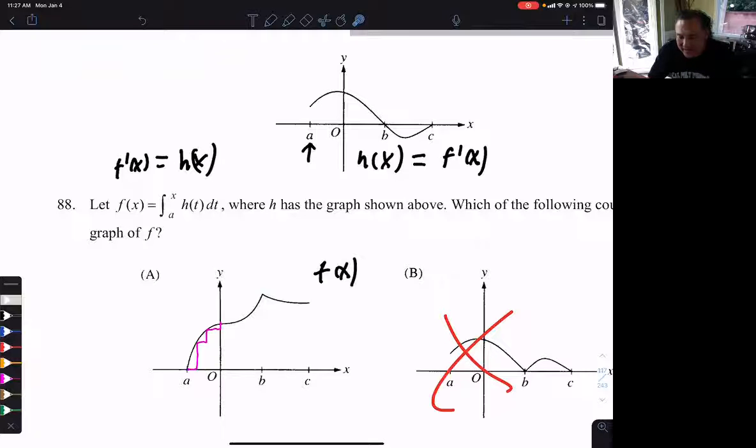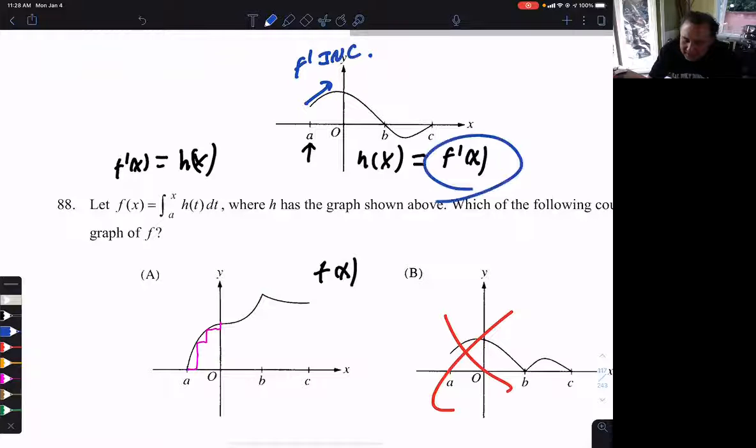And I know it's not asking for this in this, but it's going to help you overall in the test. Here, I claim from here to here, f prime is increasing, right? This is f prime, and it's increasing from there to there. What does it mean if a function is increasing? That implies its derivative is positive.